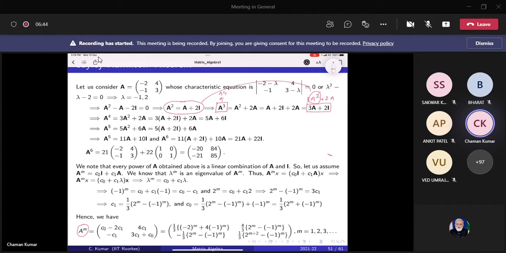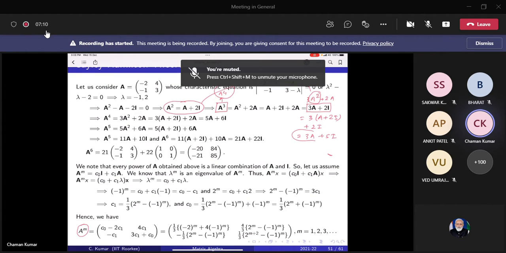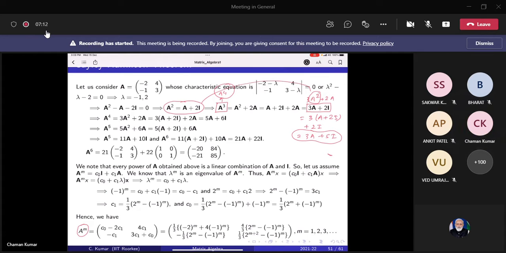And then we can write this as 3 into A square is A plus 2I, and plus 2I is already there. So this gives you 3A plus 5I. Okay, so this means that A raised to 4 is equal to 3A plus 5I.